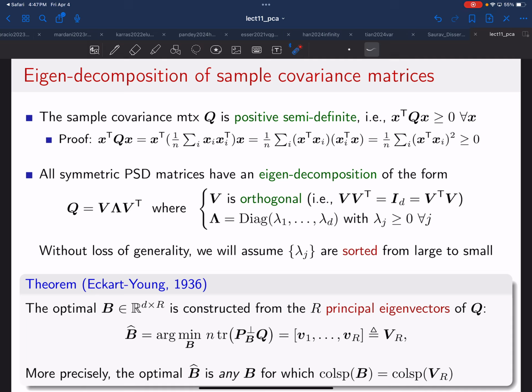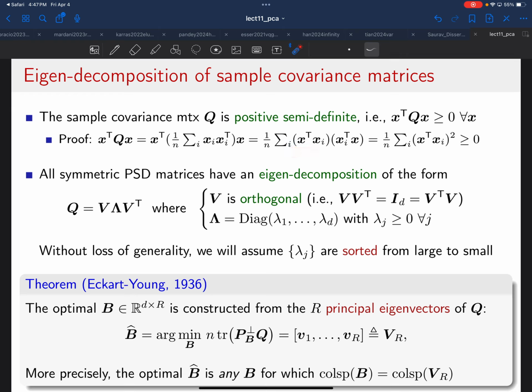Let's prove for ourselves that this is always true of a sample covariance matrix. So if we have a sample covariance matrix, this is our Q, and now by linearity, we can move the x transpose in here. We can think of these as two different things. Both of them are scalars, right? Row times column.